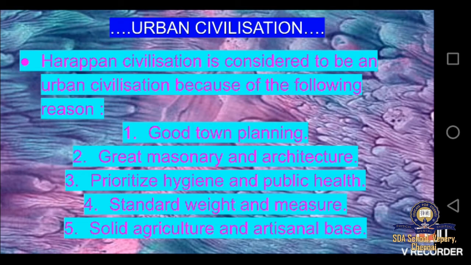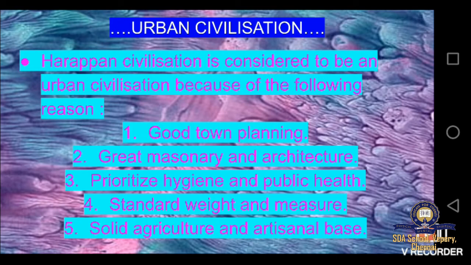Because number one, the place Harappa had good town planning. The houses were properly built. There was great masonry and architecture, that is the decorations of the house, and the places built were really good. They had good hygiene and public health, standard weight and measure, solid agriculture, and an artisanal base.